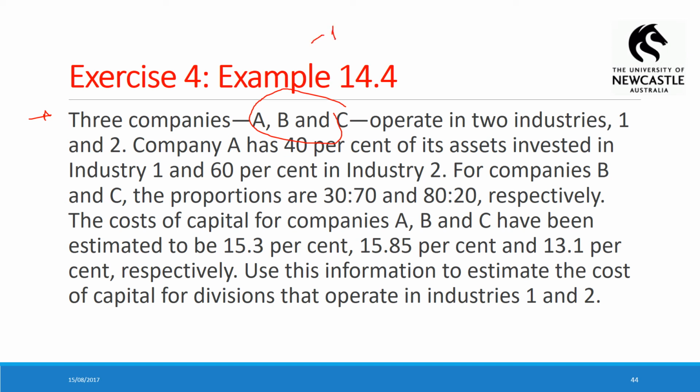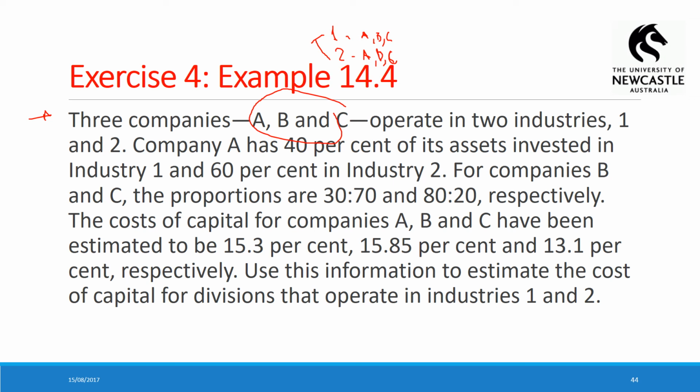In industry 1, we have A, B, and C. In industry 2, we also have the same firms, A, B, and C. The only difference here is that in different industries, we have different market shares for different firms.